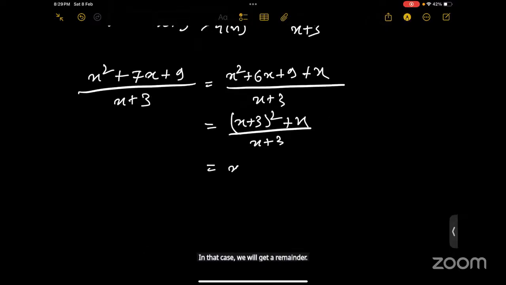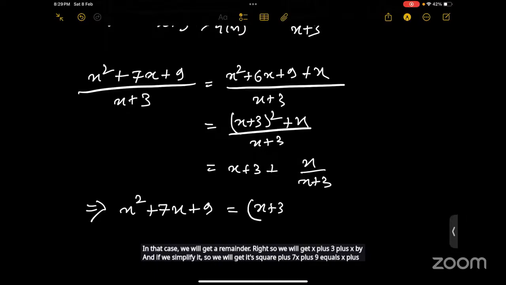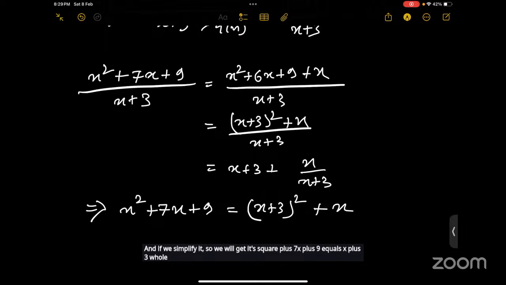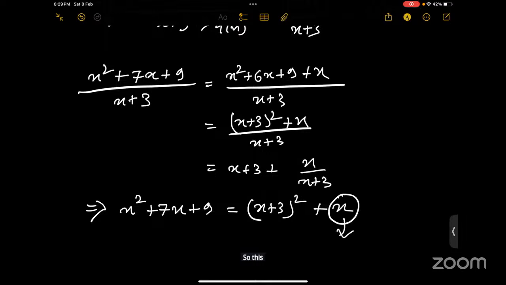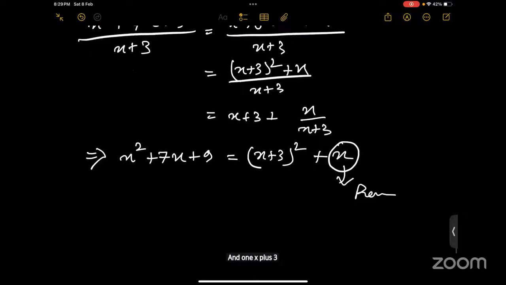And if we simplify it, we will get x squared plus 7x plus 9 equals x plus 3 whole square plus x. So this is our remainder, right? And x plus 3 is our quotient and x plus 3 is our divisor. Okay, is it fine? Yes, ma'am.